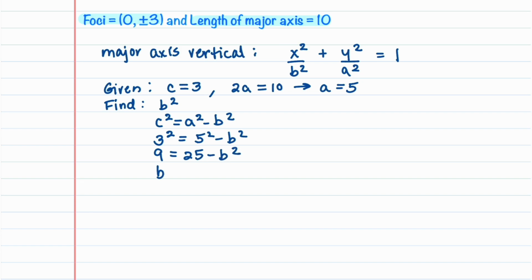We'll pull the b squared to the left, and then on the right we have 25 minus 9, which is 16. We can now write down the equation. We have x squared divided by b squared, which is 16, plus y squared divided by our a squared. Here's our a. We are going to square it, so we're going to get 25. And that's equal to 1.